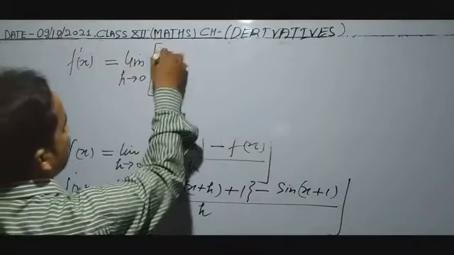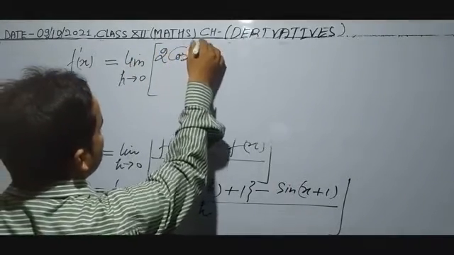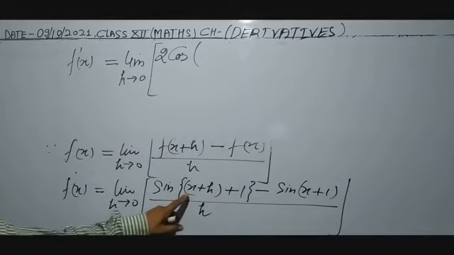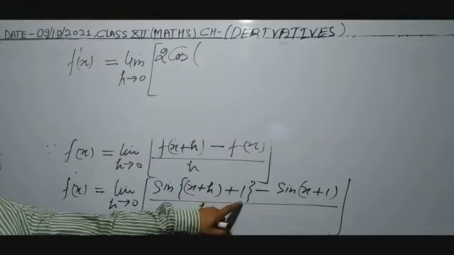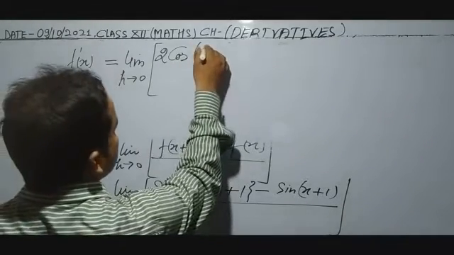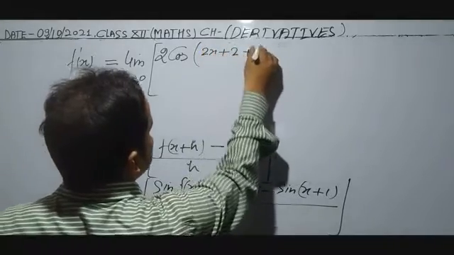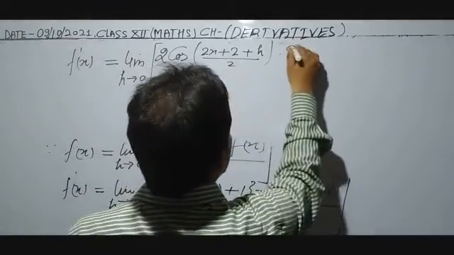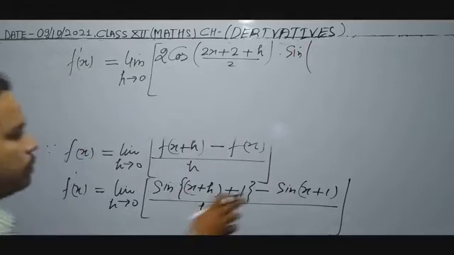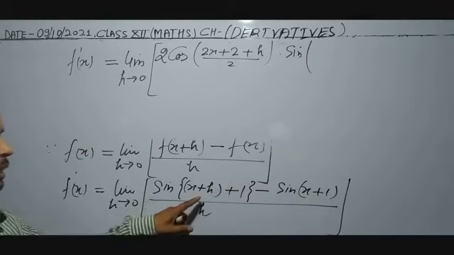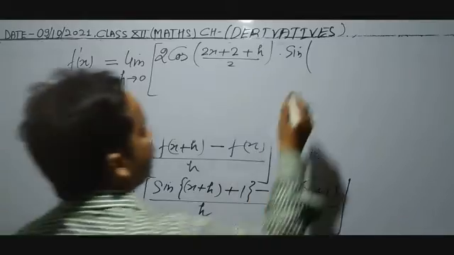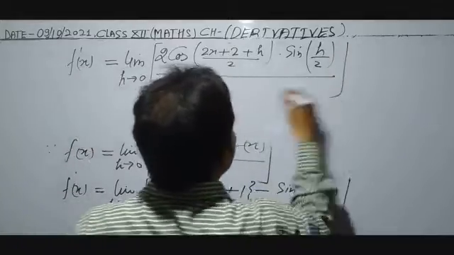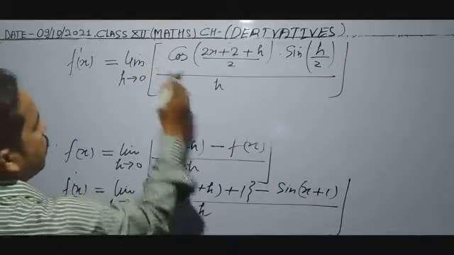So the expression will be 2 times cos of (this expression plus this expression) by 2, so the result will be x plus x is 2x, 2x plus 2 plus h, whole upon 2, into sine of (this minus this), where x minus x will cancel out and plus 1 minus 1 will cancel out, so the result will be h upon 2. Now whole upon h, this h will be there and this 2 will go to the denominator.